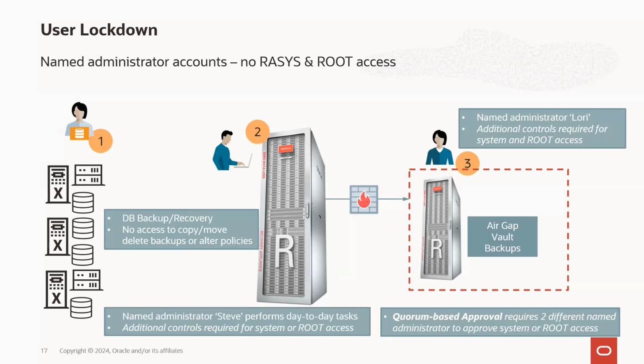So to make changes to the recovery appliance that affect the backups, you need more than one admin to make that change. Someone requests it, and then you need two other admins to approve it. That gives an extra level of protection of the backups in case an account gets compromised. And it's the same thing within the vault. And with the separation of duties, those could be different individuals.